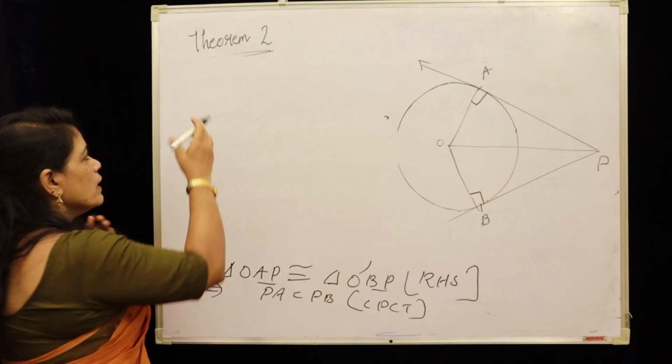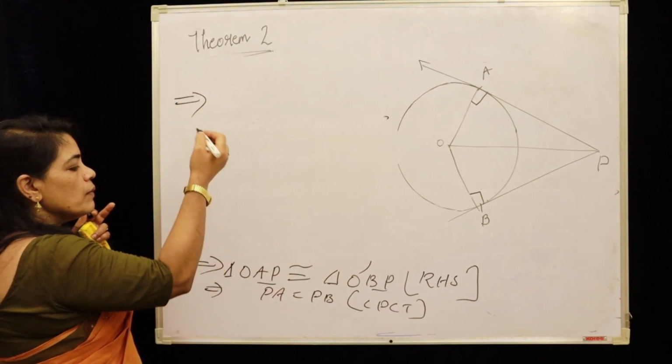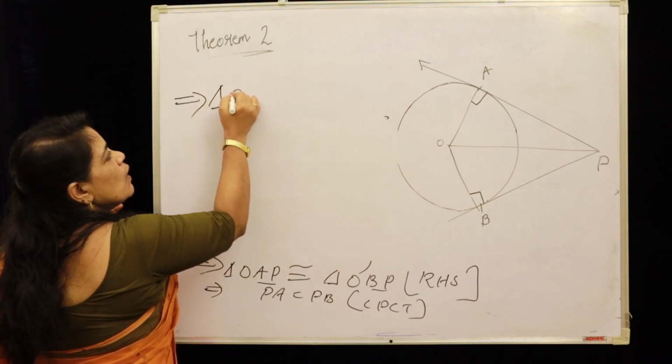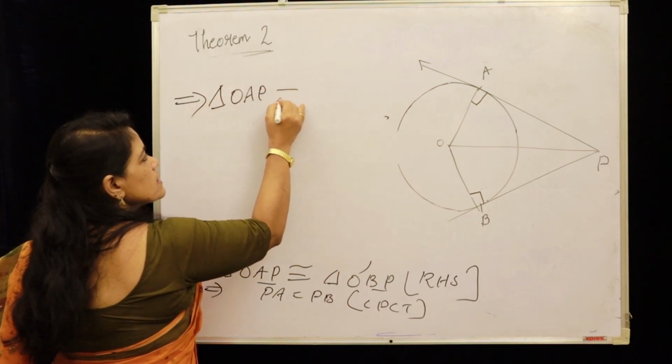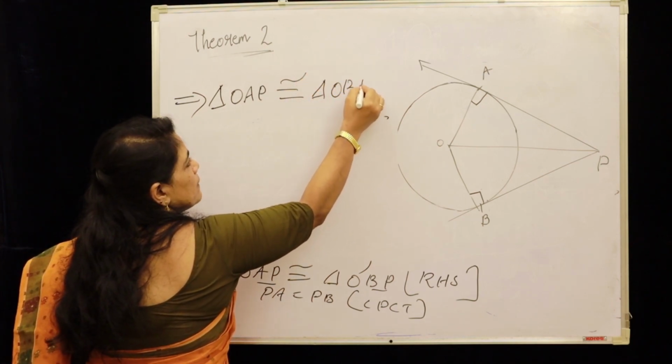I will write what we have shown: how we have proved PA equal to PB, by proving triangle OAP is congruent to triangle OBP.